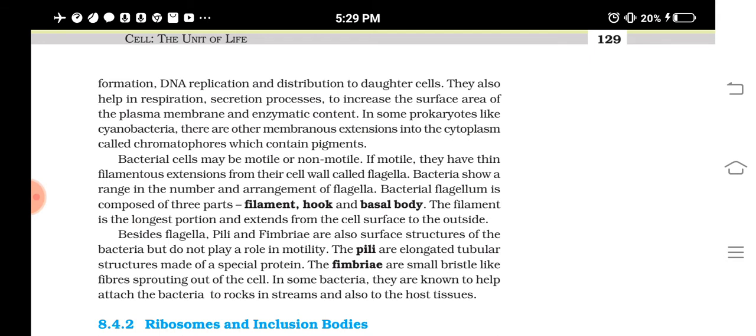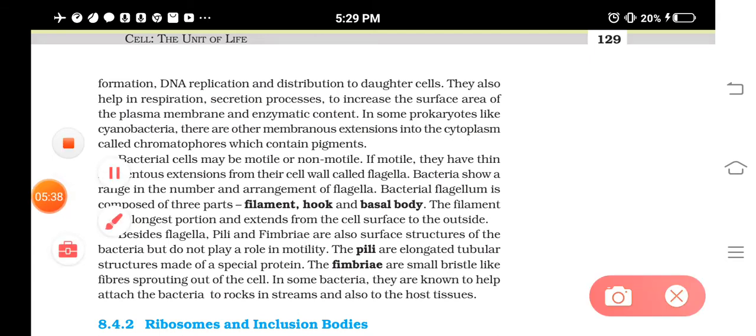In addition to this, they also have some other extensions like pili and fimbriae. Pili and fimbriae are not involved in movement. Pili are tubular structures made up of a special protein, and fimbriae are bristle-like structures.